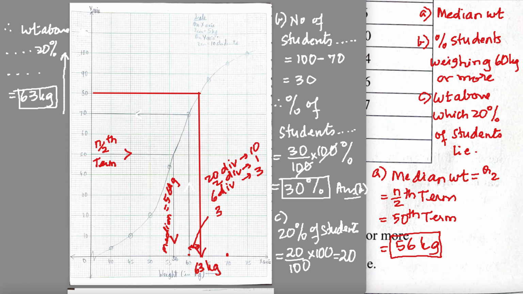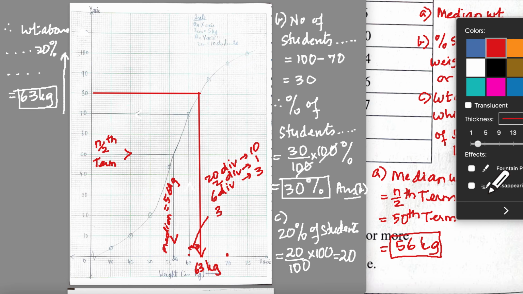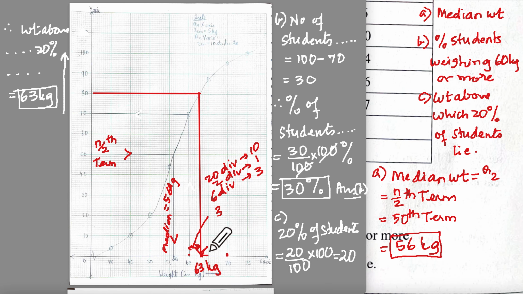So from here to here, let me just change the color. From here to here, this will be the weight above, and these are the heavier built people over here in this region, from here to here. And this will be the weight above which you are going to have the heavier people.